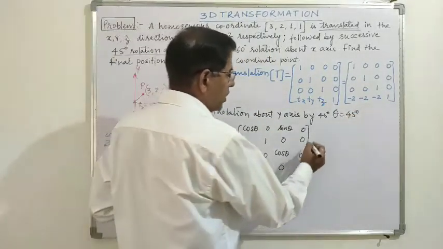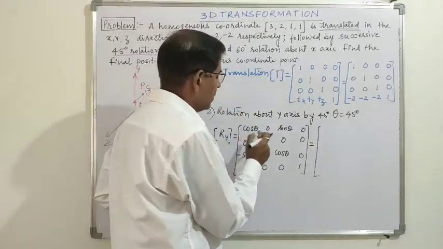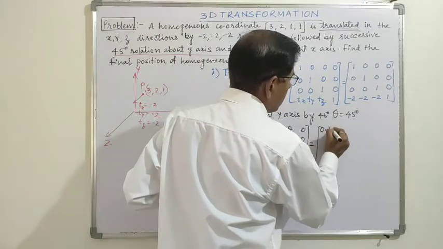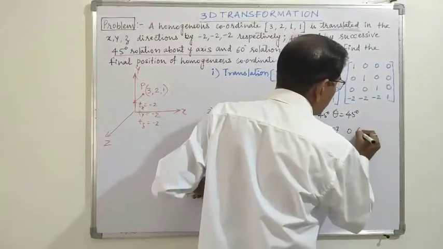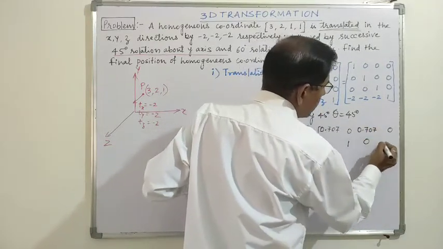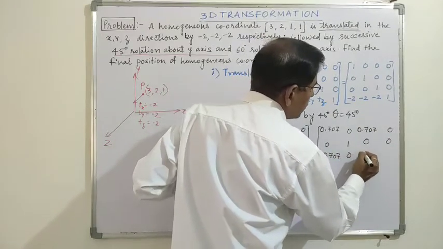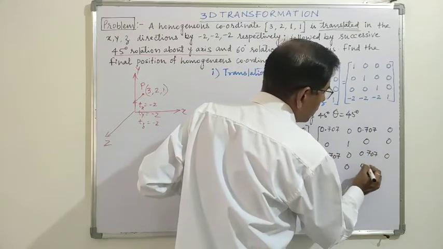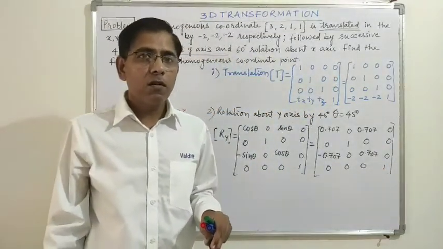So if you put the value here, then cos 45 is 0.707, sin 45 is also 0.707, 0 0 1 0 0, minus 0.707, 0, 0.707, 0, 0, 0, 0, 1. So this is rotation about y-axis.